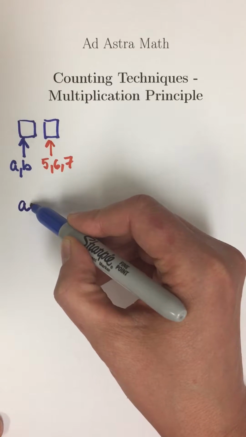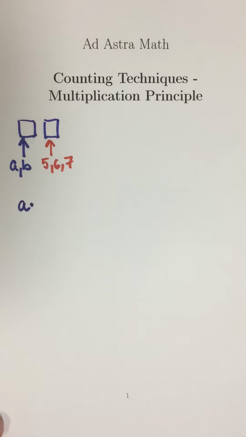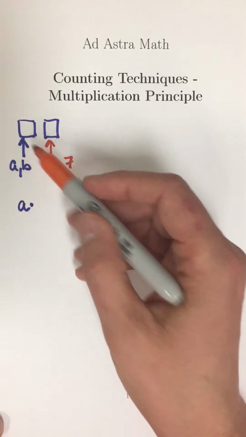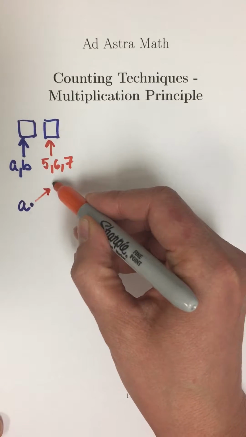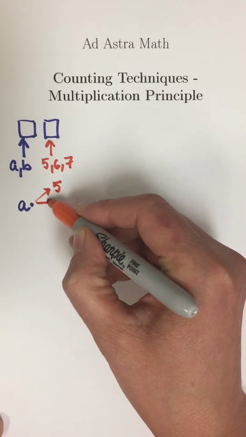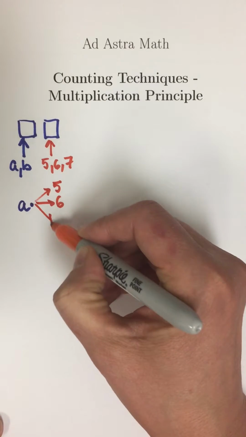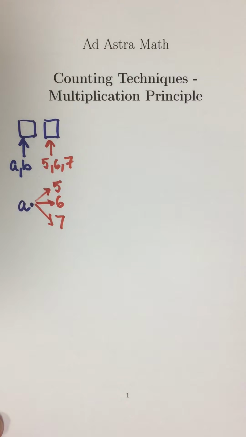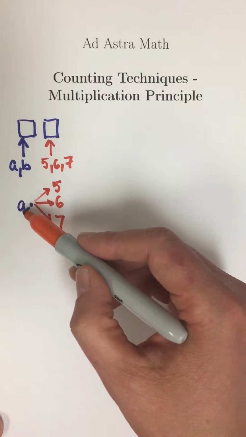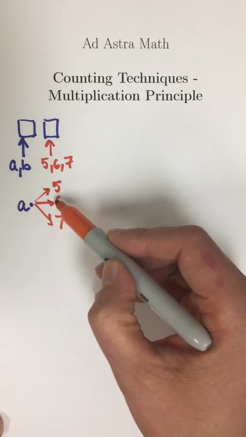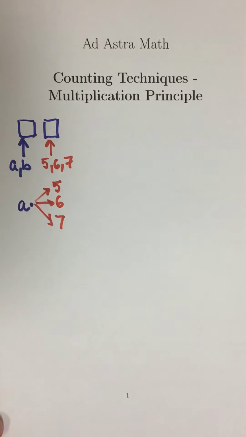Let's say we can choose A for the first character of our password. Once we chose A, we can choose 5, 6, or 7 as the second character of the password. So we just made up these passwords A5, A6, and A7.